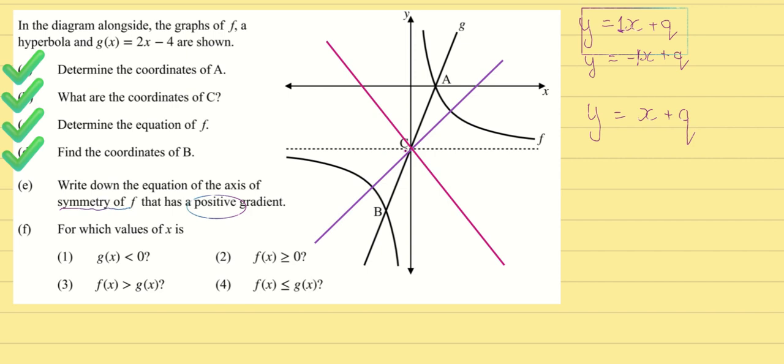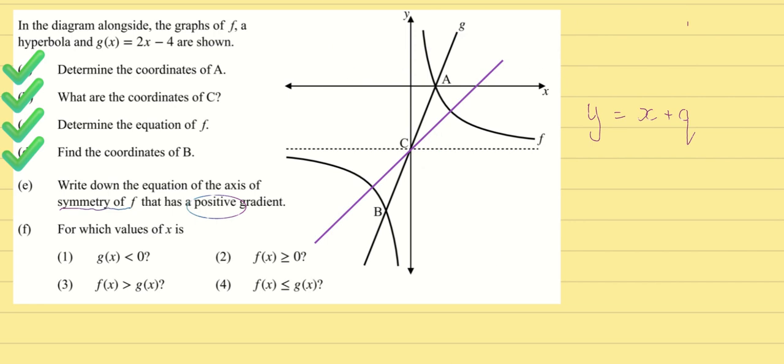And we already established that q is over here at minus 4. Okay, and so on the topic of the gradients, this is the one with a positive gradient that's going upward, increasing, and this is the one with a negative gradient, but we don't want that one, right?